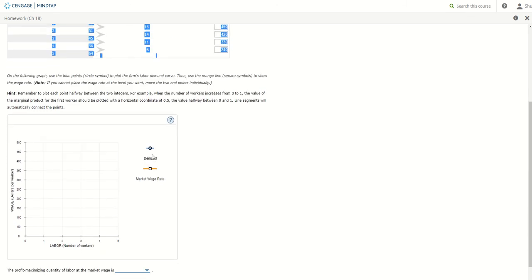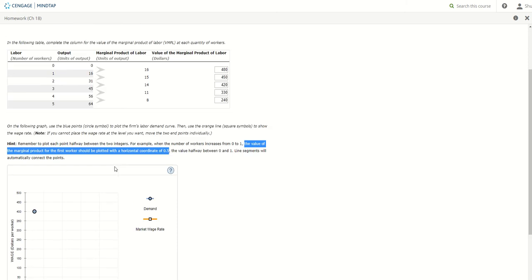Also be careful, it says the value of the marginal product of the first worker should be plotted with a horizontal coordinate of 0.5. So when you do the demand curve, the point wouldn't go directly on the 1, but you want to put it at the 0.5.